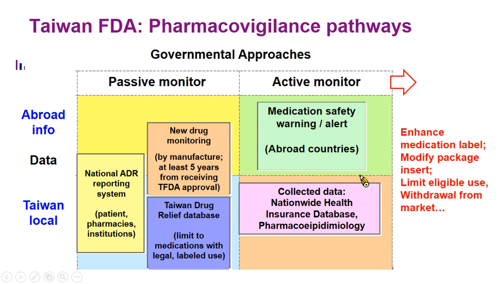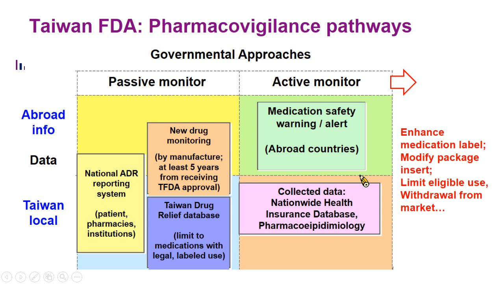Okie dokie. So if any potential safety event had been assured and facilitated, what are the likely reactions that the government may take to this safety issue?